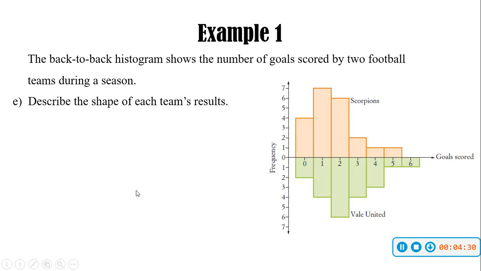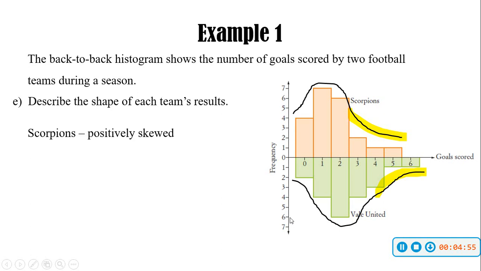Part E. Describe the shape of each team's result. If you draw a curve around the peaks of these columns and look at the tail, if it's pointing towards the higher number of goals scored, then it's positively skewed. Same here.